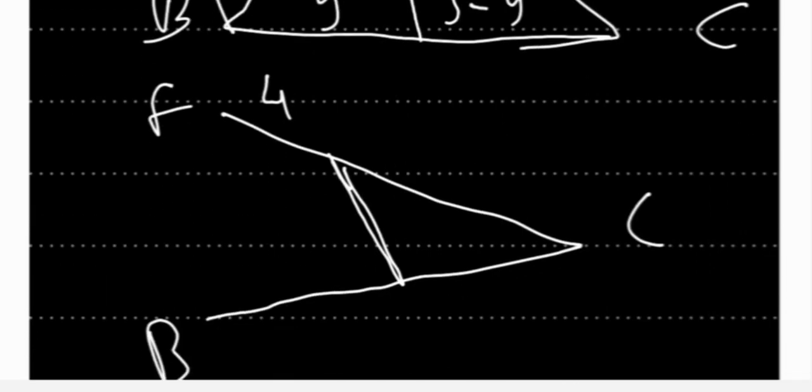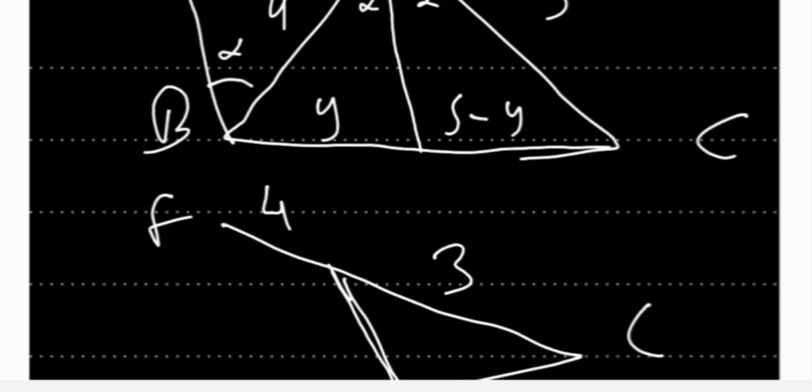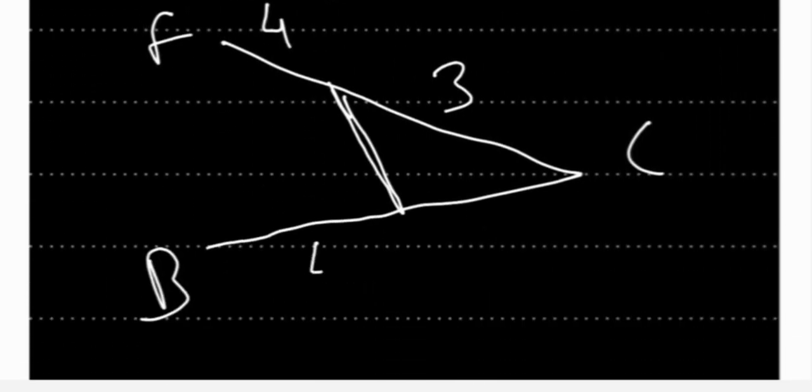This part is 3. This part over here is y, and this part over here is 5 minus y. Now remember the Thales theorem, there is a proportionality. Why?